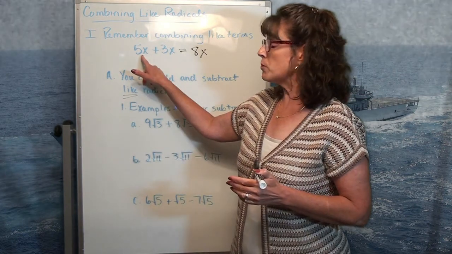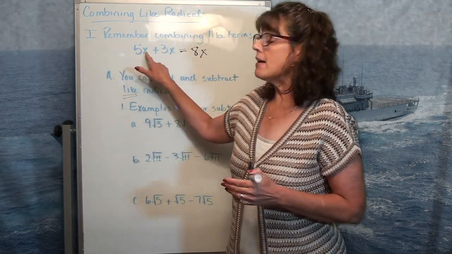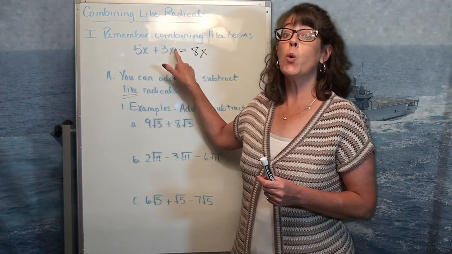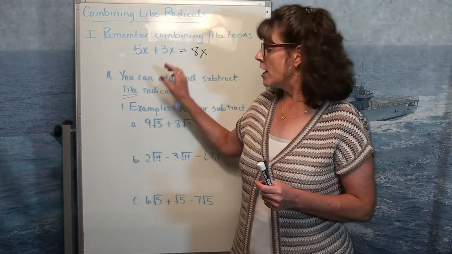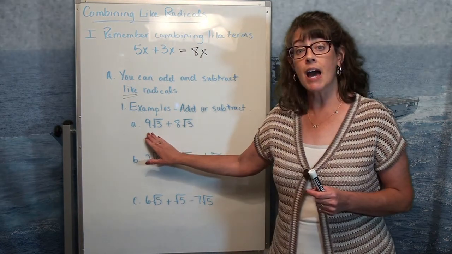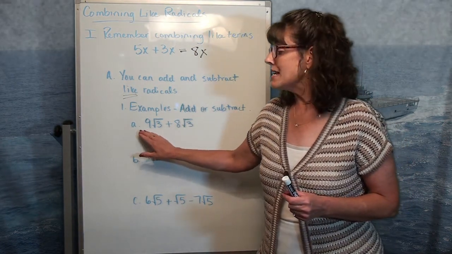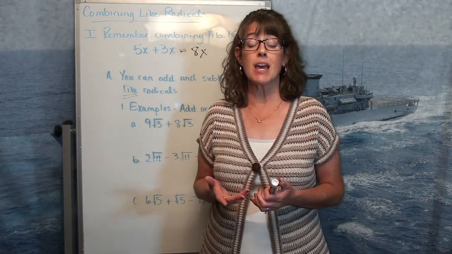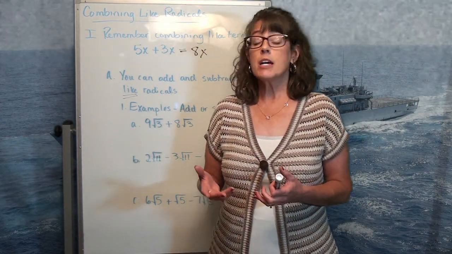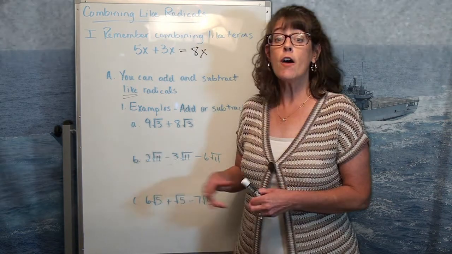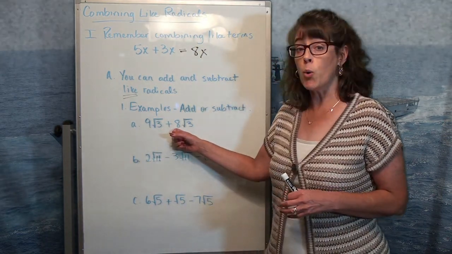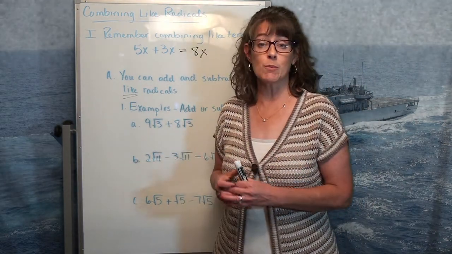So I have 5 of the x's, and I have 3 more of the x's. So down here, when I have 9 square root of 3, that means I have 9 of these square roots of 3. The square root of 3 actually represents a decimal number, so what this is saying is I have 9 of those crazy decimal numbers, and I'm going to add 8 more of those crazy decimal numbers.